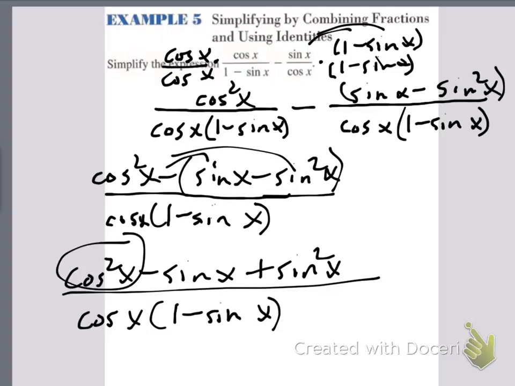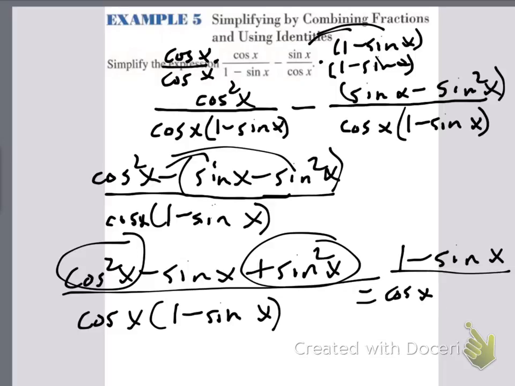Now, cosine squared plus sine squared is 1, so this turns into 1 minus sine x over cosine x times 1 minus sine x. But the 1 minus sine x's cancel.